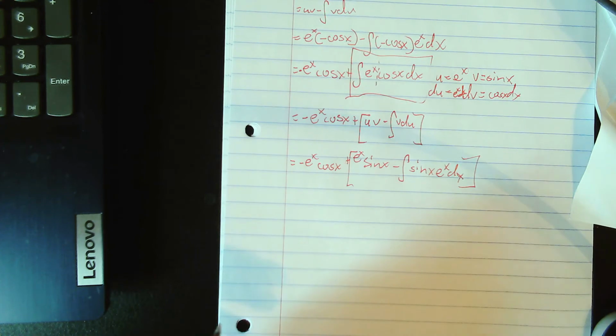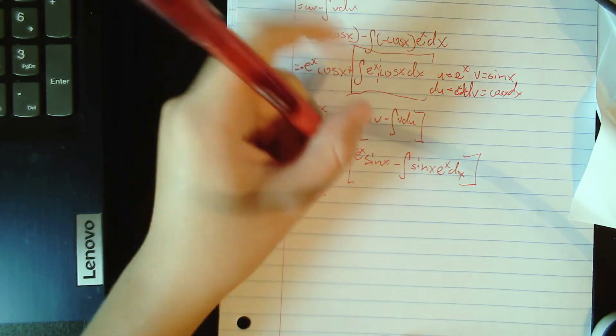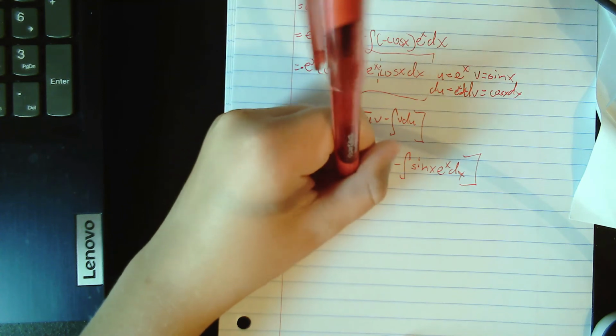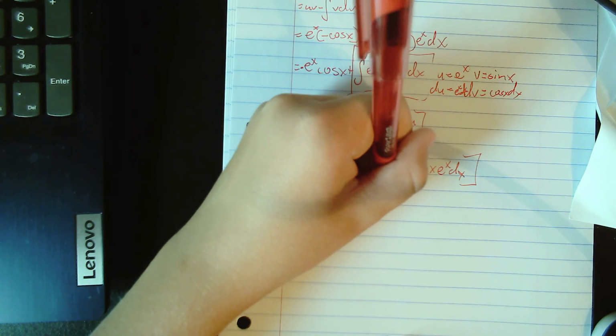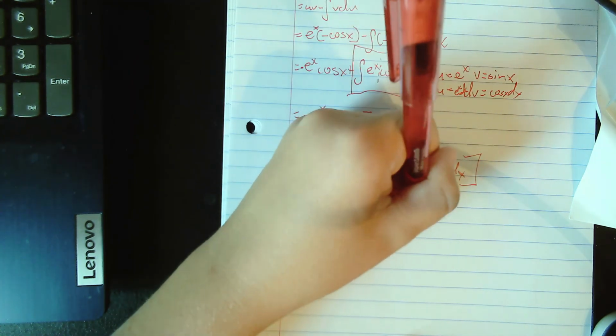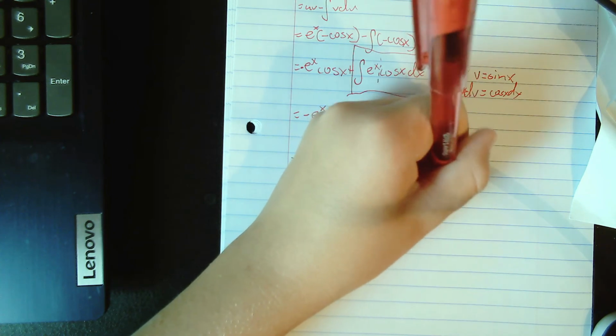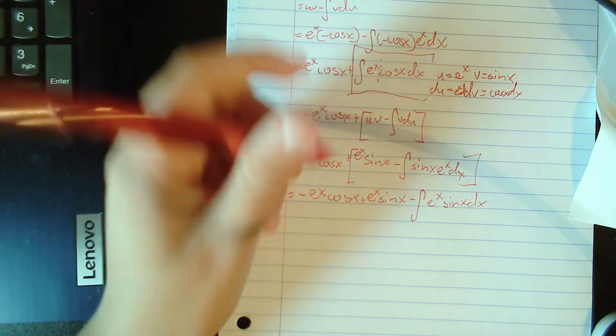Only about 3 more steps. Then it's going to be minus e to the x cosine of x plus e to the x sine of x, no more brackets by the way, minus the integral of e to the x sine of x dx.